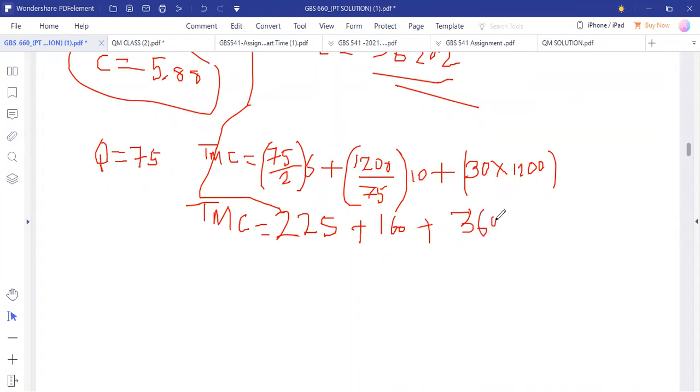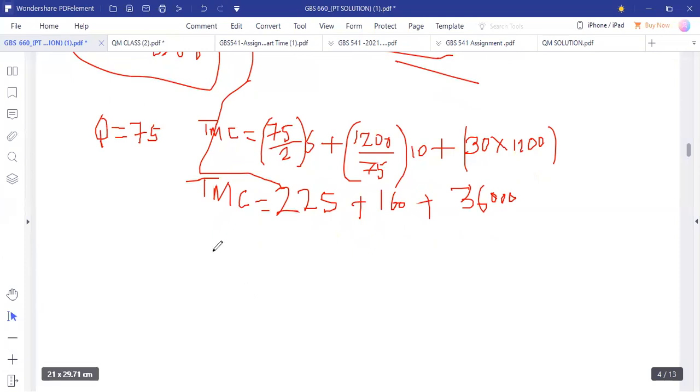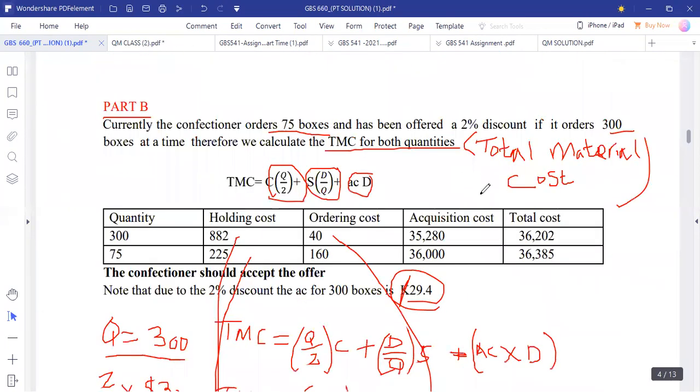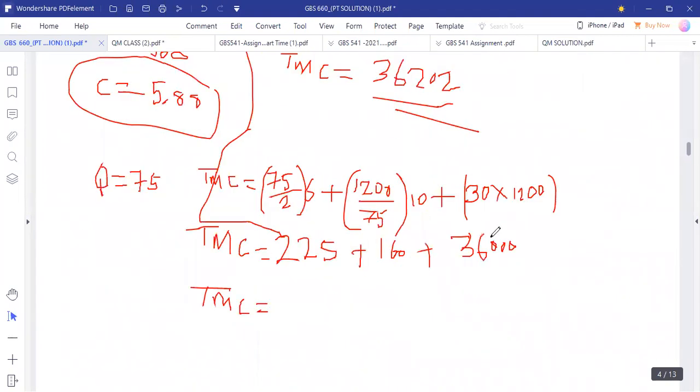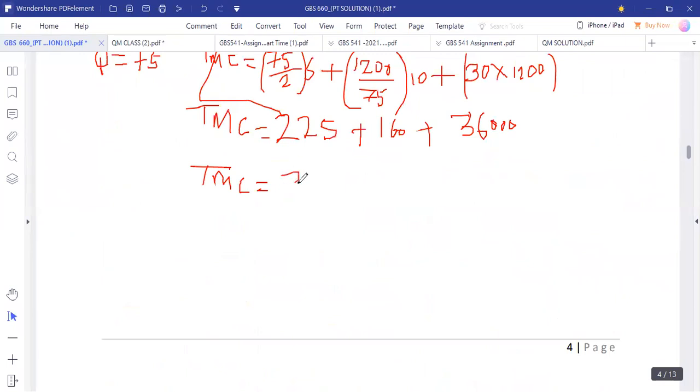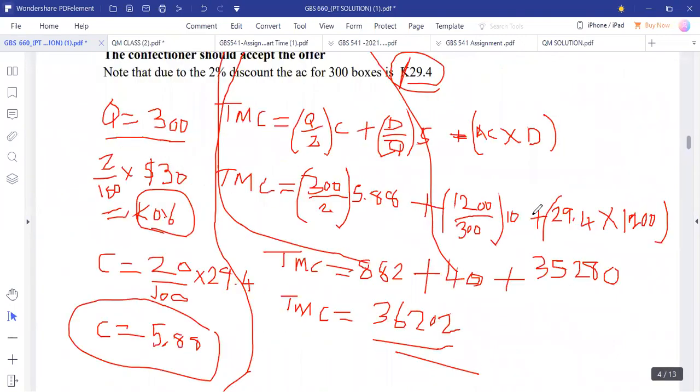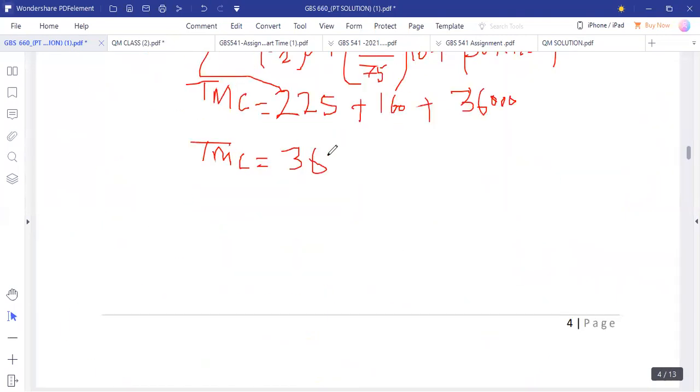So meaning that our total material cost for this one, the final figure here, is 36,385. So 36,385 is our total material cost.